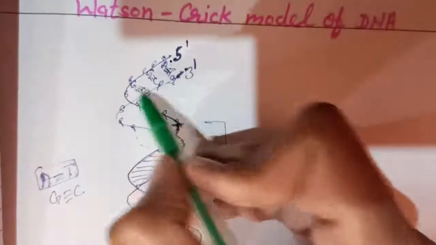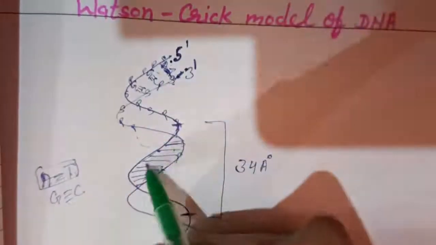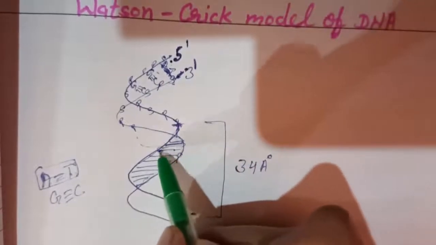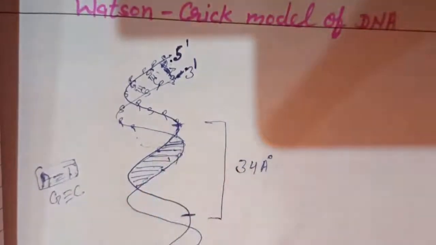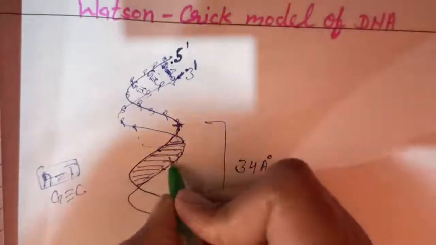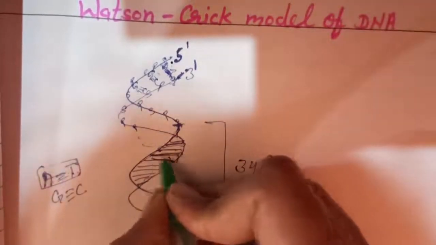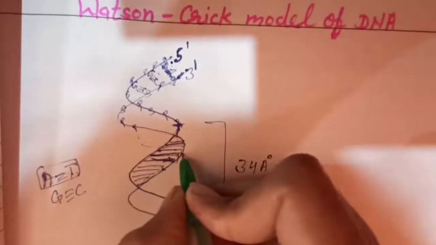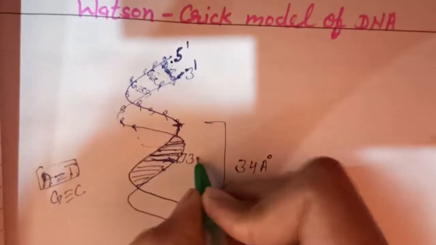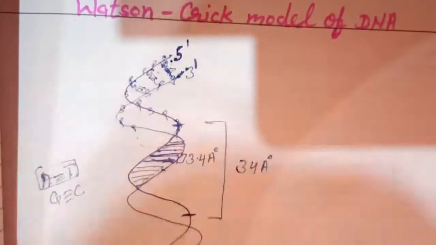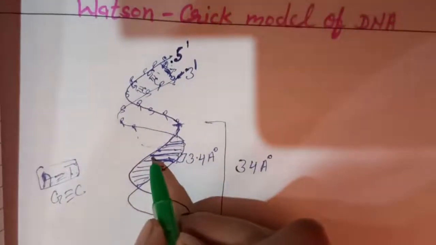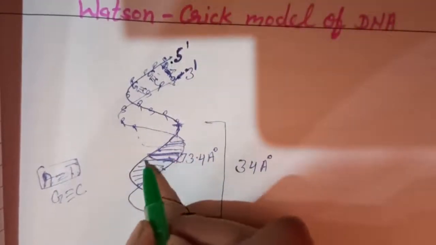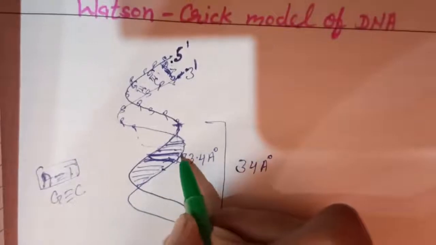You can write these base pairs like this, or you can represent these by single lines. So 10 such base pairs are present here, and distance between each base pair is 3.4 angstrom. Between these two base pairs, this distance is 3.4 angstrom.